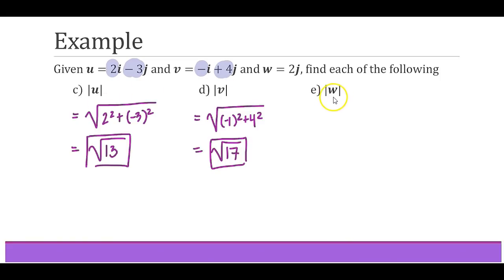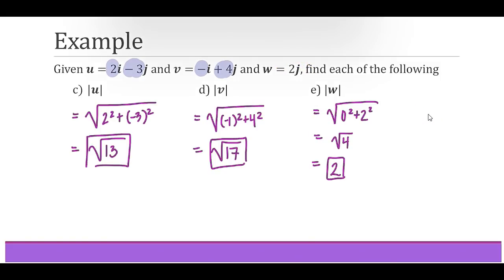And for the vector w, the i component is 0. So we would have the square root of 0 squared plus 2 squared, or the square root of 4, which is just 2. So we have that the magnitude of 2j is 2.